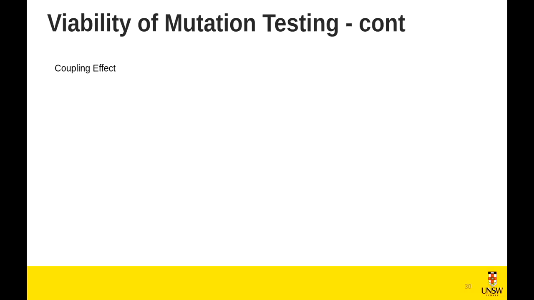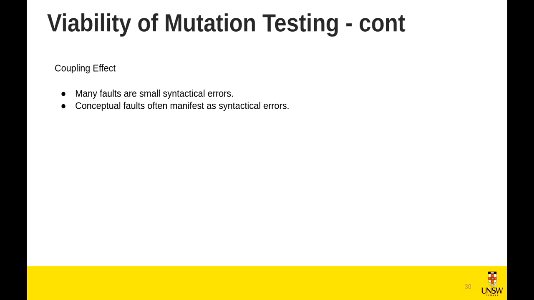The second key thing here is called the coupling effect. Many faults are actually small syntactical errors. You could consider them as syntactical errors, because if you do LeetCode, for example, the trickiest part is: should I plus one, should I not plus one? Should I use larger than, or larger than or equal to? So there are some borderline cases.